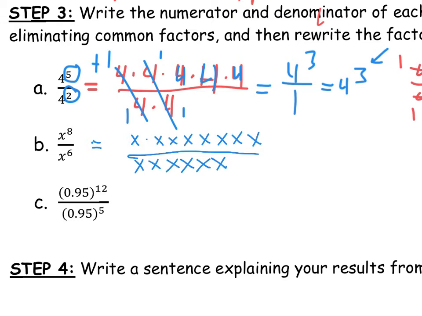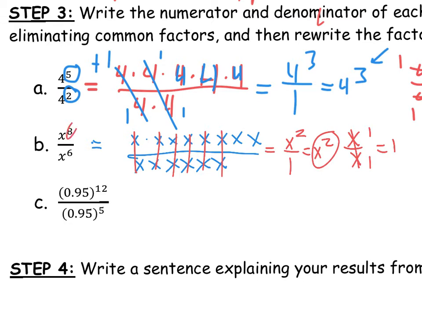And once again, if you look at x over x, well, that will just cancel out to 1 over 1, or that's just equal to 1. So these reduce or cancel out to 1's. And I'm left with x squared over 1, or just x squared. And you can see that 8 minus 6 is 2. So you're subtracting the exponents.